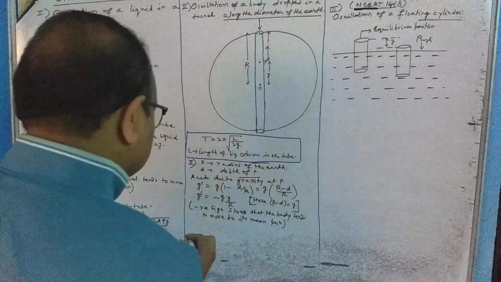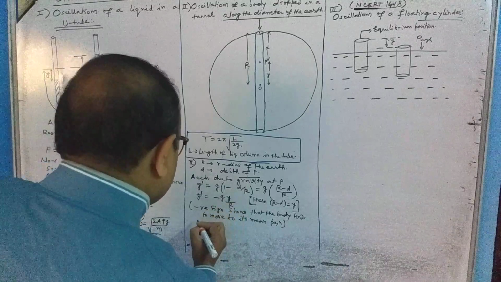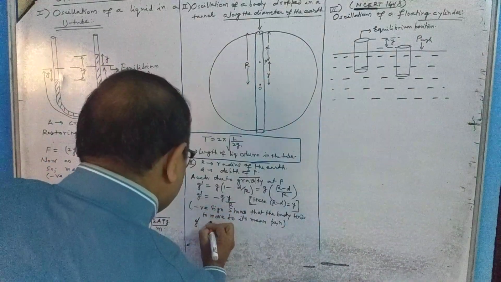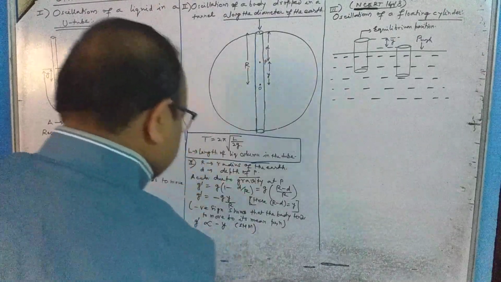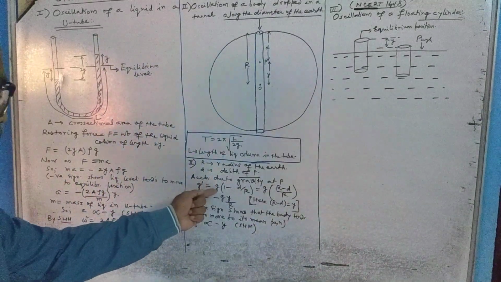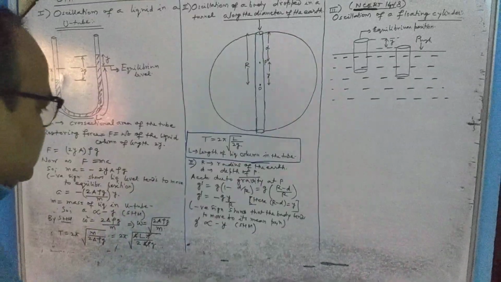Then what will happen here? Obviously, here g' will be directly proportional to minus y, meaning SHM, because small g and R both are constant.